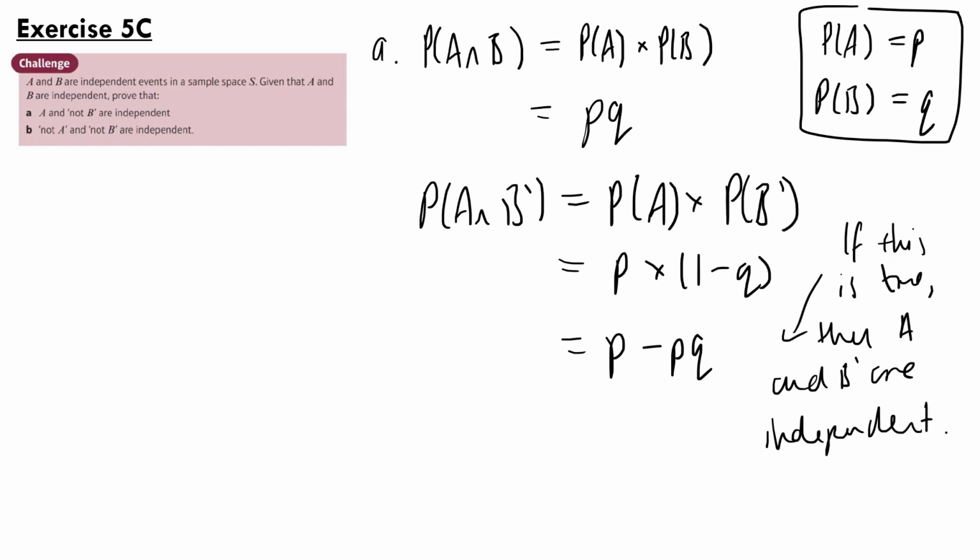Okay, so we need to find the probability of A intersection not B in another way.